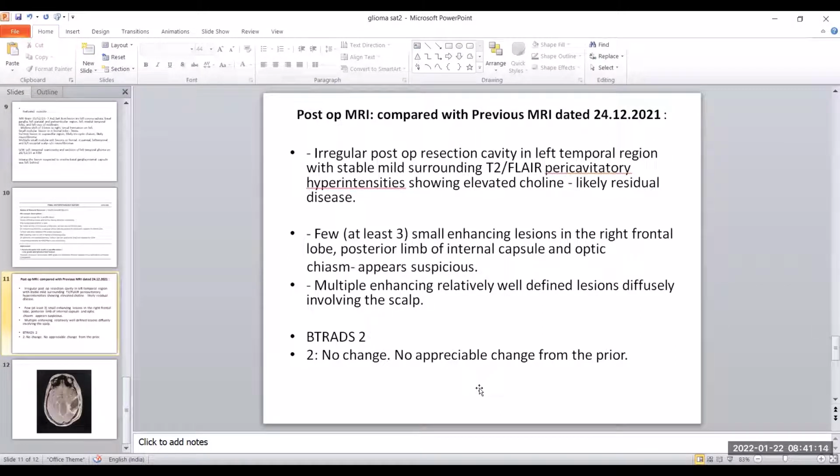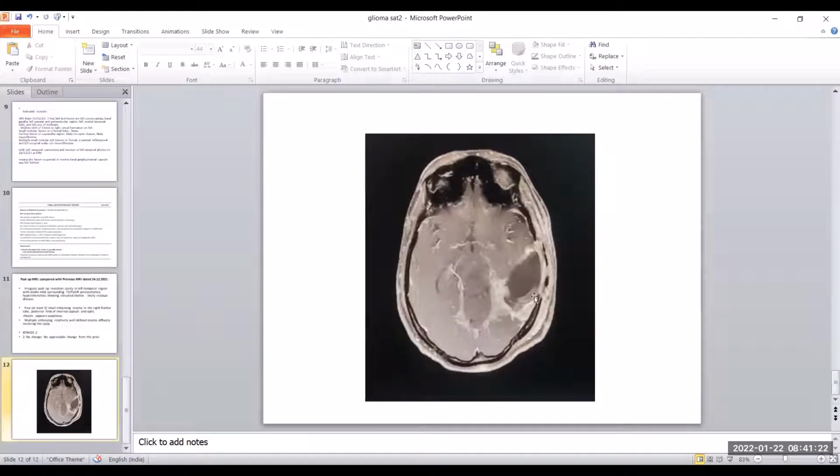Multiple enhancing well-defined lesions diffusely involving the scalp were neurofibromas. This is a T1 FLAIR image with hypointensity and pericavitary hyperintensity, query residual disease.